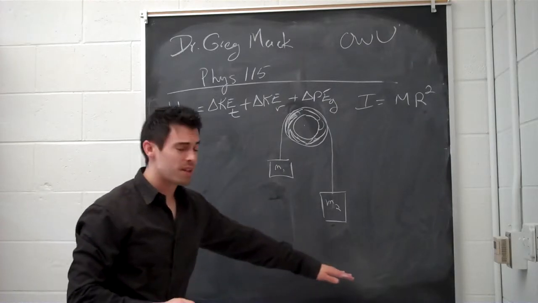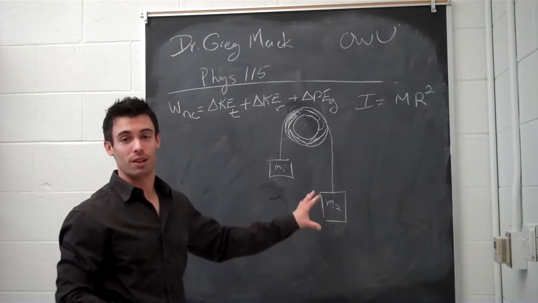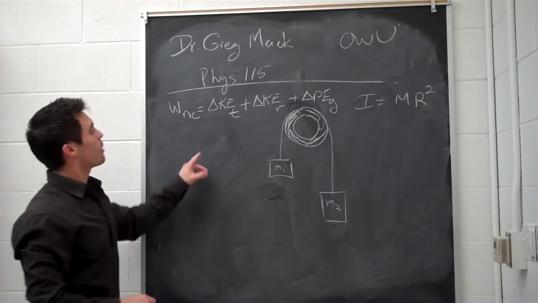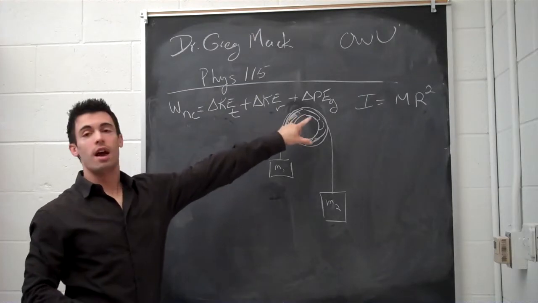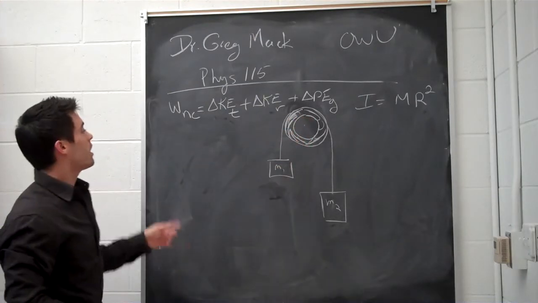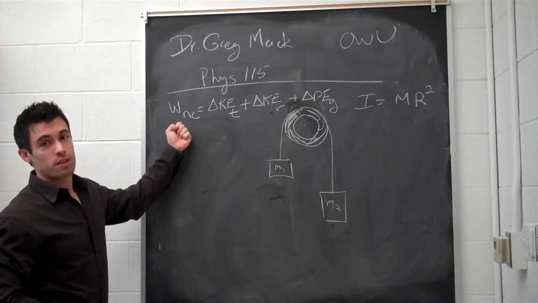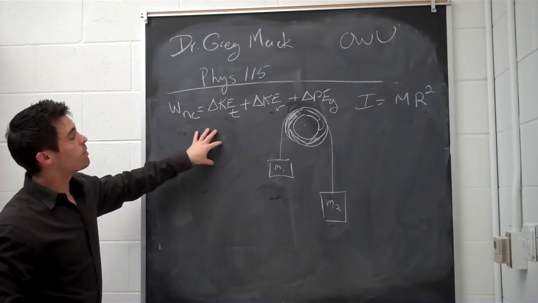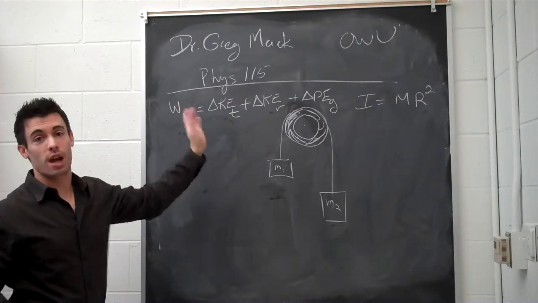I could have put a spring down here and said what happens afterwards, but let's keep it a little simpler first. So we have to look at the change in this translationally, rotationally, and gravitationally. And if there is no non-conservative force involved, this side is 0, so that means that the energy before equals the energy after, because 0 is equal to the change in all the energies together.